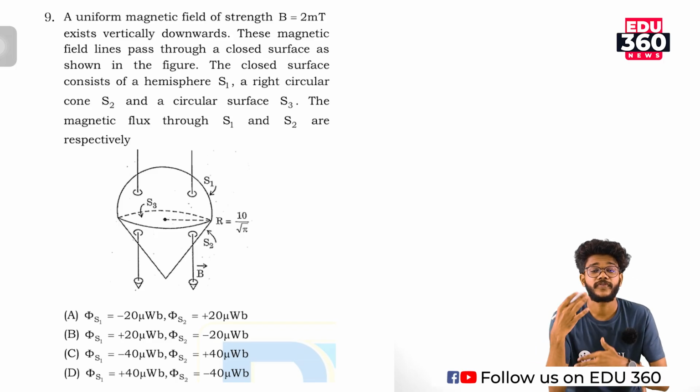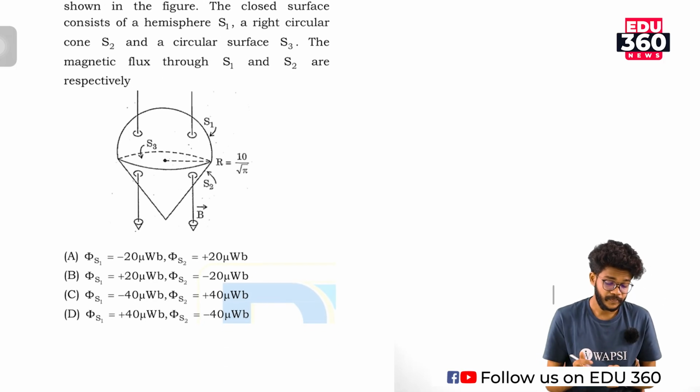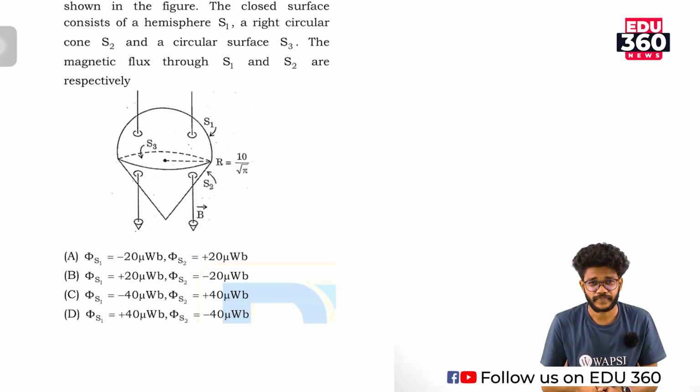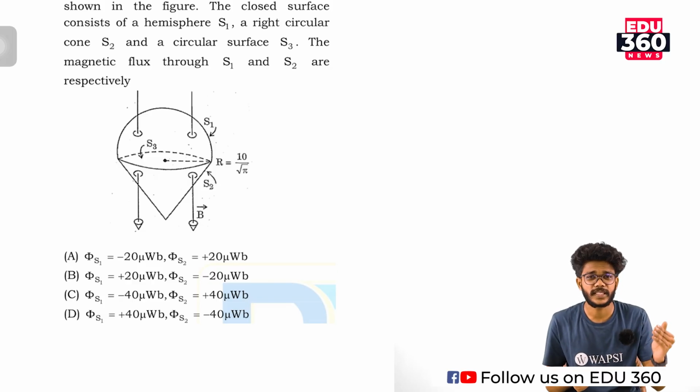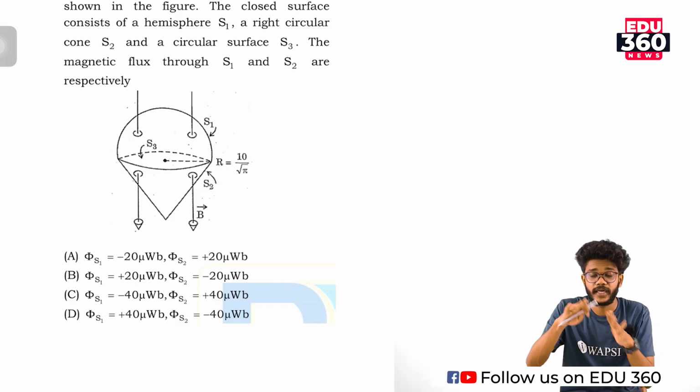So, we want to find the magnetic flux through S1 and S3, not S2. They are not asking about S2. How can we find it? What is the basic concept related to flux? Actually, flux is the number of field lines crossing that area. We don't want to consider what the shape of the area is.